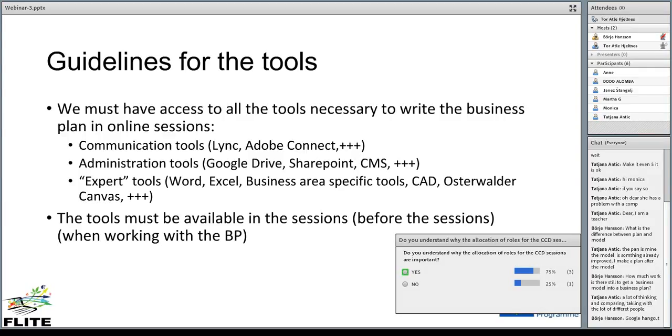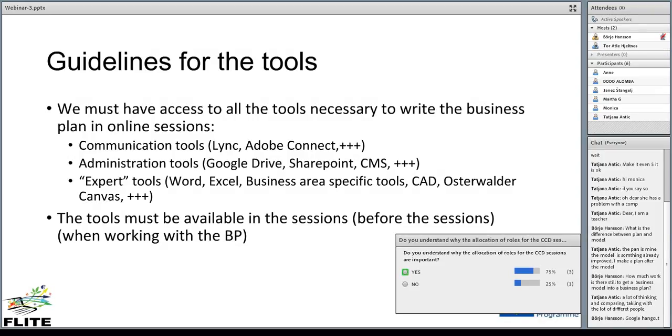And it's also a good idea, if you use Google Docs for co-writing, that you make some structure for where to save the documents you are working on, so that all the persons in the group can find all the relevant documents that are produced and all other important information when you're going to write the business plan.